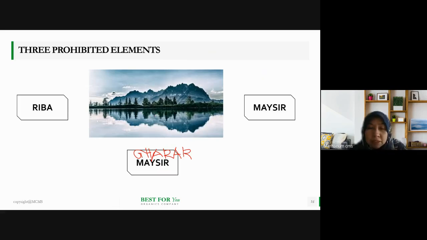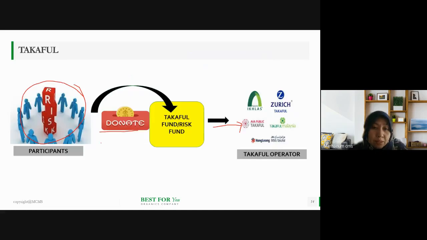But in Takaful also, the risk is uncertain, because the participant wants to protect against a risk, isn't it? But because this is a donation contract, not a buy and sell contract, in a donation contract it is not necessary to have the subject matter.